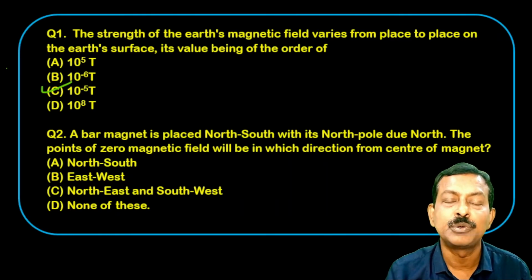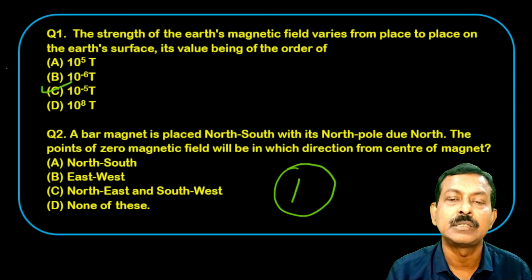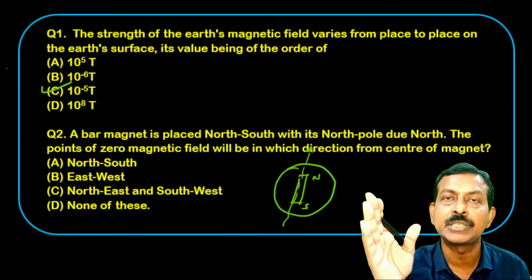Now here, suppose this is the Earth, this is the magnet which we have taken, and this is also kept in the same direction, north-south. So obviously Earth's magnetic field is also in the north-south direction.